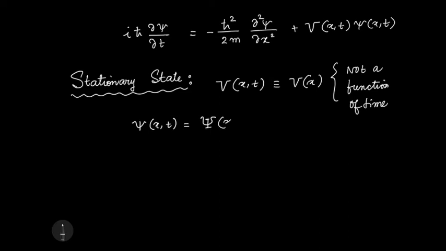so this is capital psi, only a function of x, multiplied by something which is only a function of time. So let's call that function of time phi. So I can now replace this in my Schrodinger equation. You see what happens here? It's del psi del t. So I take the time derivative of this.